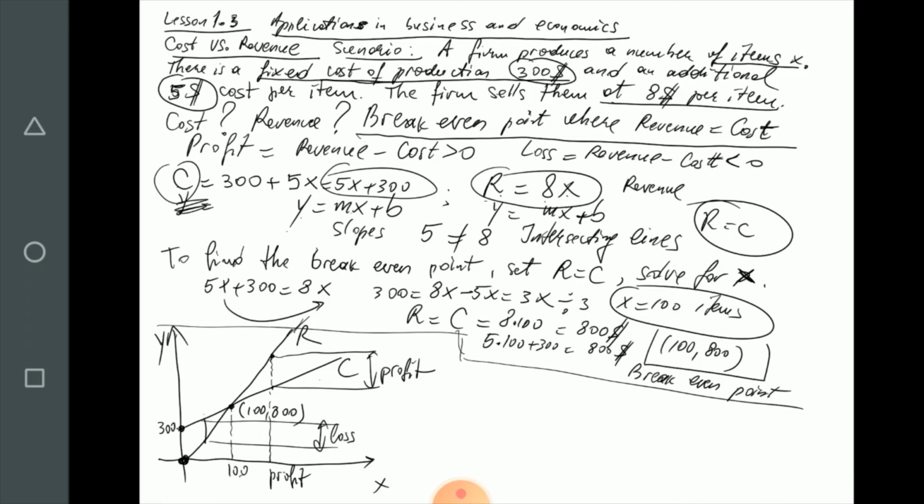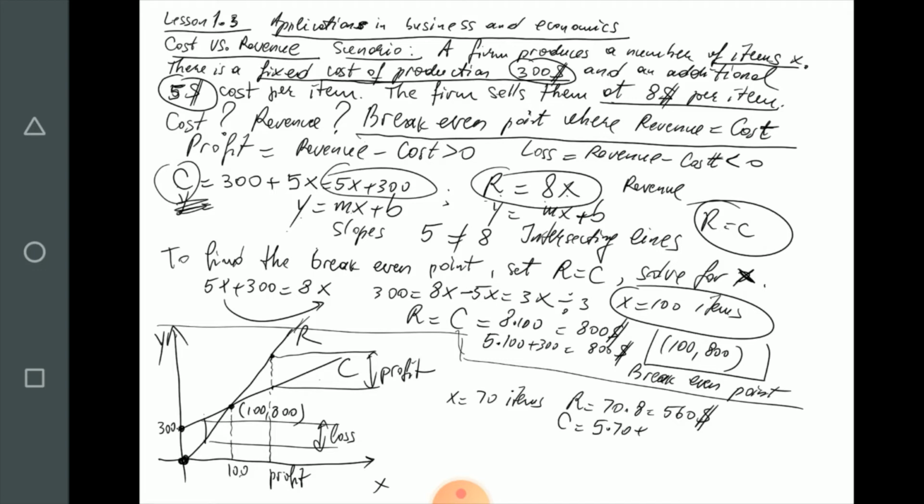So actually, let's take an example. Let's say I produce 70 items. In that case, the revenue is 70 times 8, $560. And then the cost is 5 times 70 plus 300.